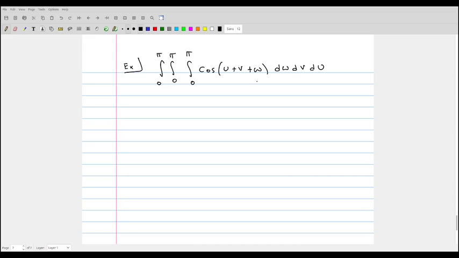This will be an important idea when we start talking about integration in multiple variables with different coordinate systems in the next lecture.